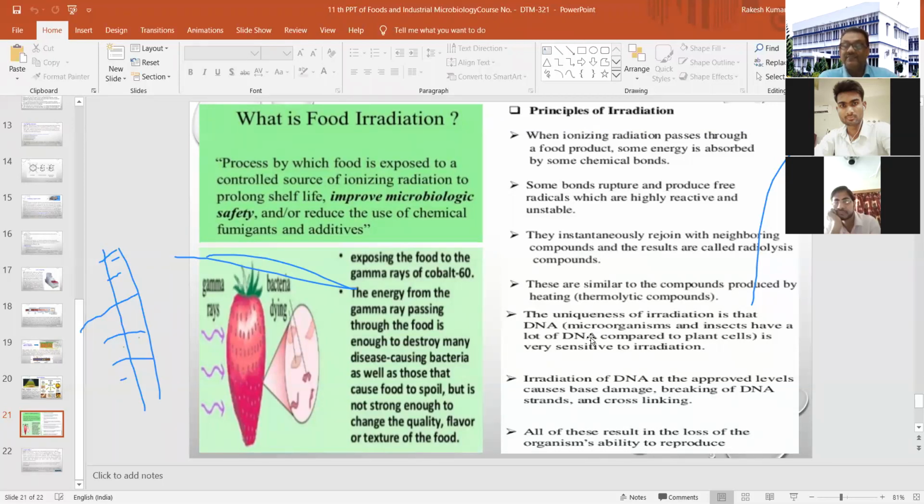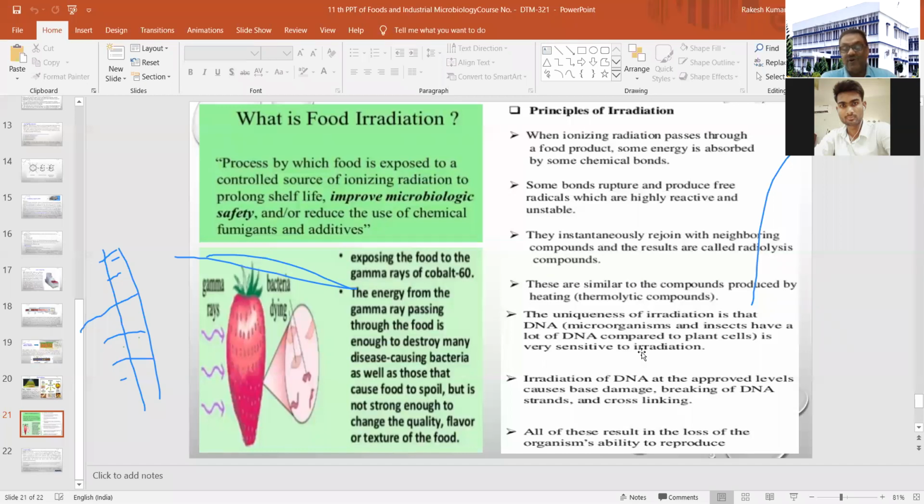The uniqueness of irradiation is that the DNA of a microorganism or insect, if present in the system, is very sensitive and will be the first to be affected by this irradiation technique. Irradiation of DNA at the appropriate level causes base damage, breaking of DNA strands and cross-linking.